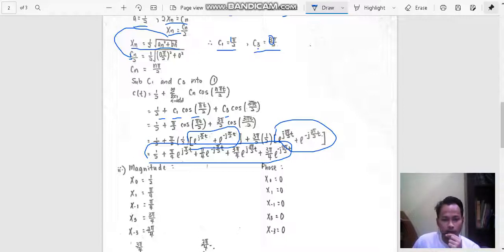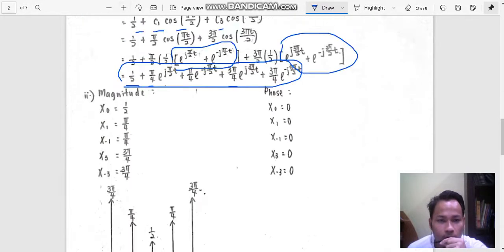The magnitudes are 1 over 2, then pi over 4 and pi over 4, and 3 pi over 4 and 3 pi over 4. As you can see here, there is no phase term, which means there is no omega, so the phase will be 0.